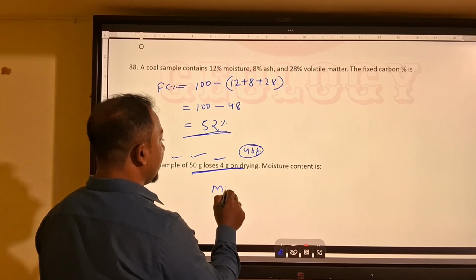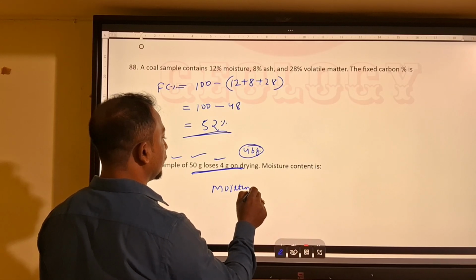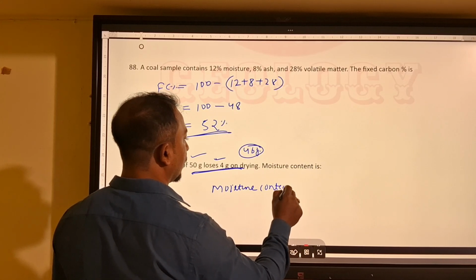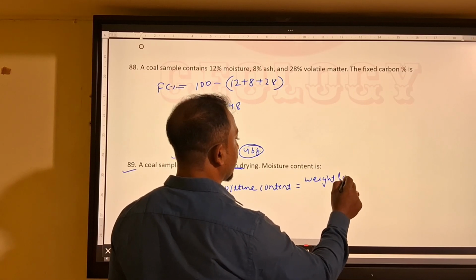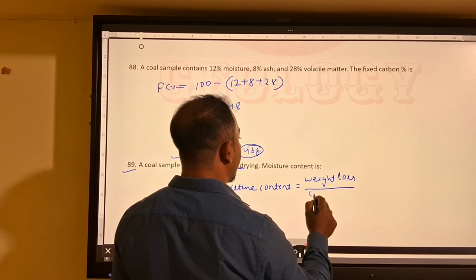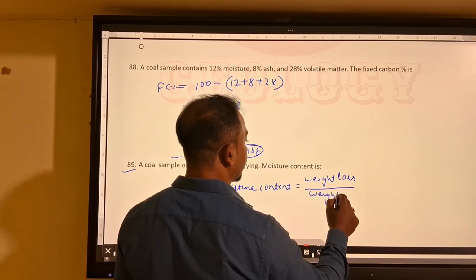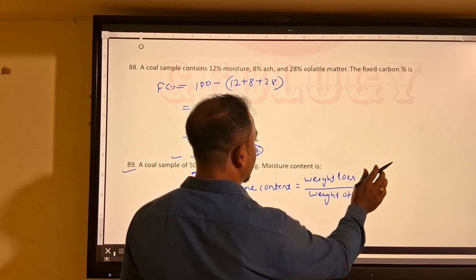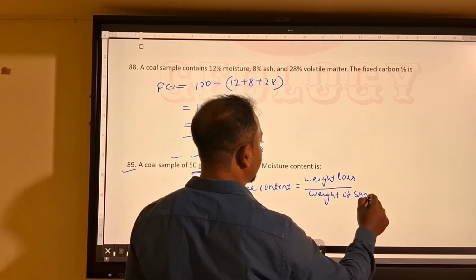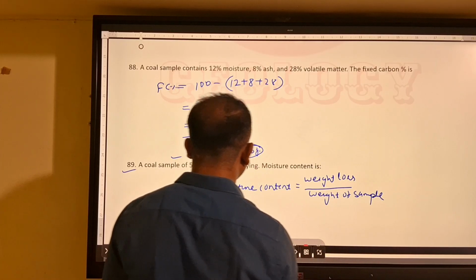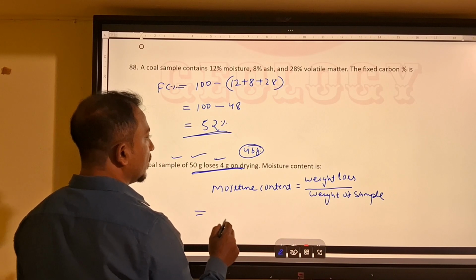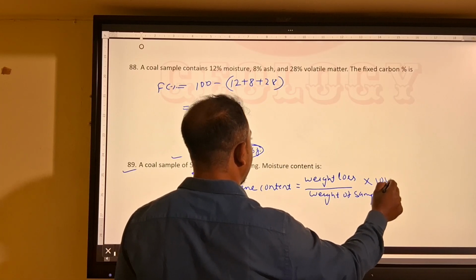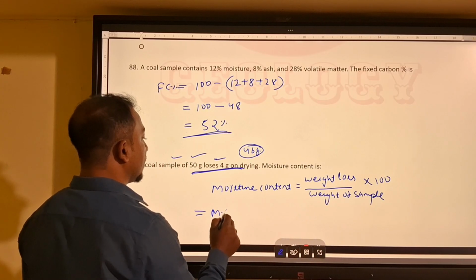So moisture content will be weight loss divided by weight of the sample, into 100 percentage.